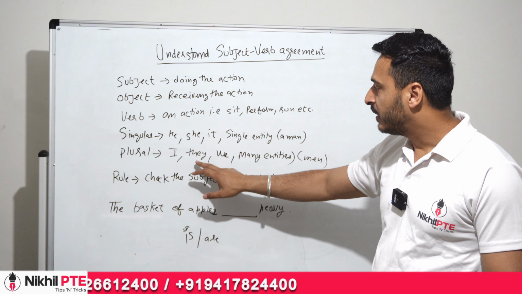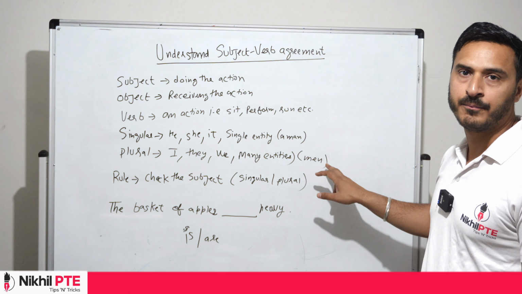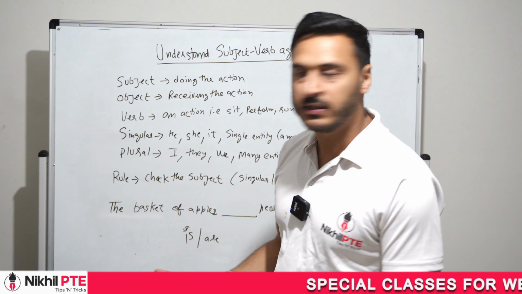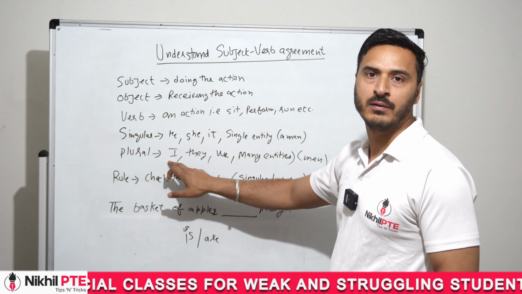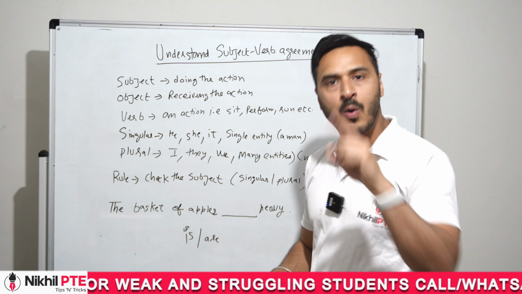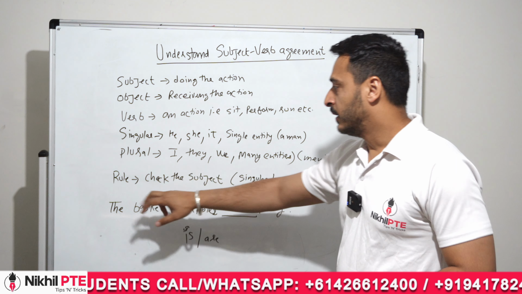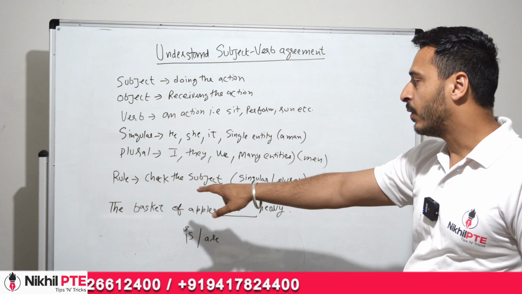I, they, we, and many entities like men, boys, girls, students, teachers. These are all plural. I consider I plural. I means me, only one person, but I consider it plural. What is the rule actually? This is the twist of this video.